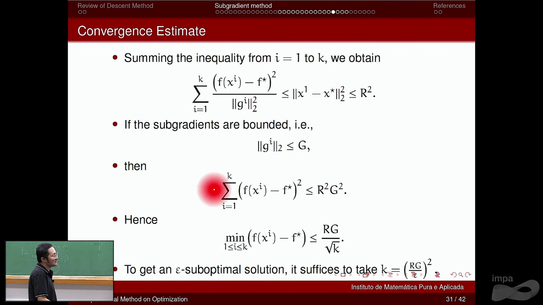If you want to get the epsilon solution, then you just need to take k equal to this, R squared G squared over epsilon squared, okay.